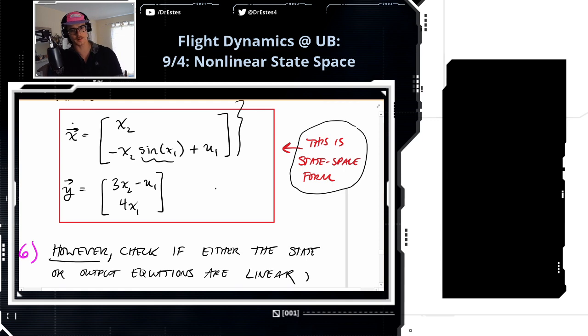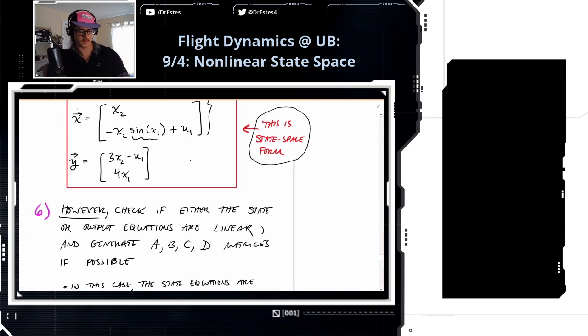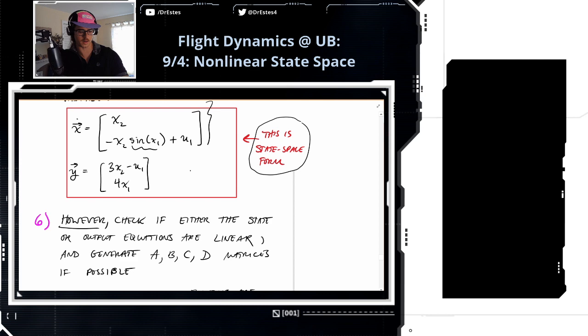However, I have a step 6. Check if either of these equations are linear and generate ABCD matrices if possible. So I just mentioned for the x dot equation, you can't really do that. But if you look at this equation for the outputs, you could write the output equation in terms of C and D matrices.